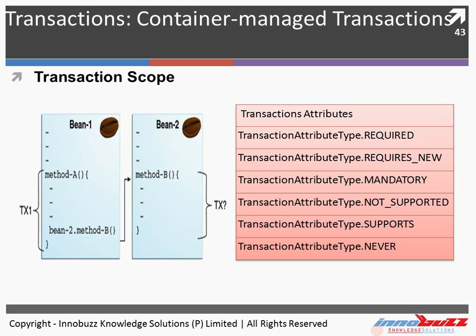We do have RequiresNew. This attribute says that if a client is running within a transaction and invokes the enterprise bean method, the container takes the following steps: it suspends the client transaction, starts a new transaction, delegates the call to the method, and then resumes the client transaction after the method completes.